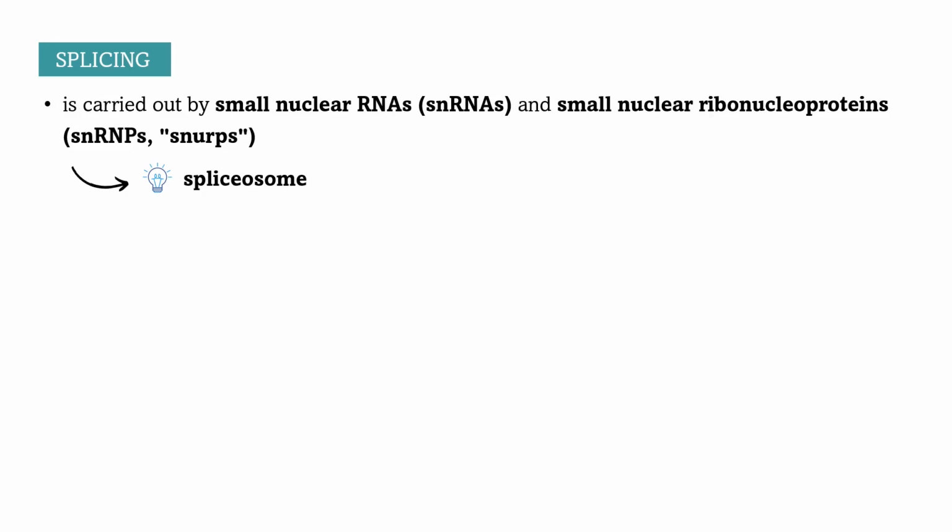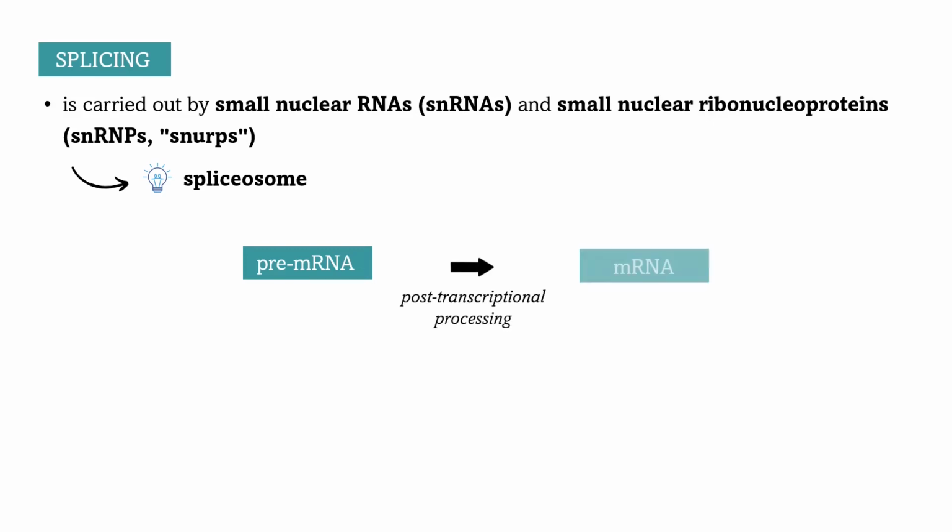Before post-transcriptional processing, the RNA molecule that was transcribed is referred to as pre-mRNA. After capping, polyadenylation and splicing, the RNA is ready to leave the nucleus and is referred to as the mRNA, messenger RNA.